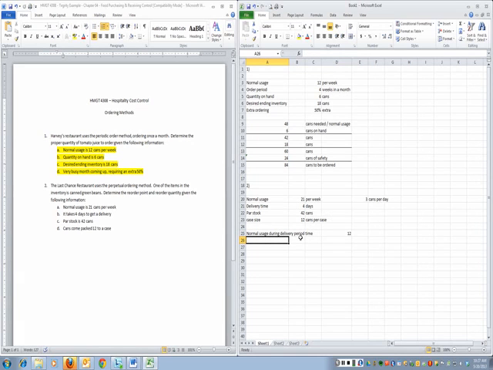Now the next thing we need to do is calculate our reorder point. In order to calculate our reorder point, we need to take our normal usage over that delivery period time, and then increase that by 50%. So we're going to multiply that by 1.5.